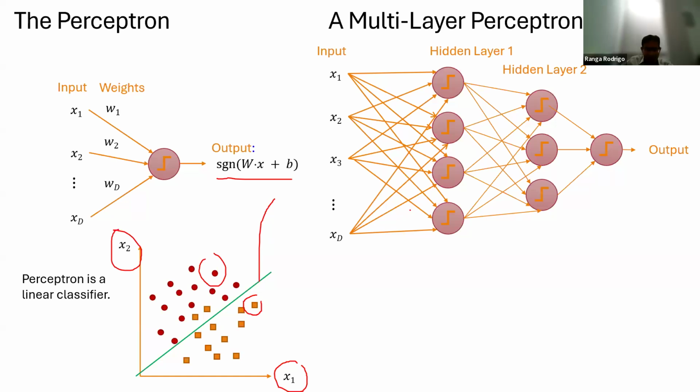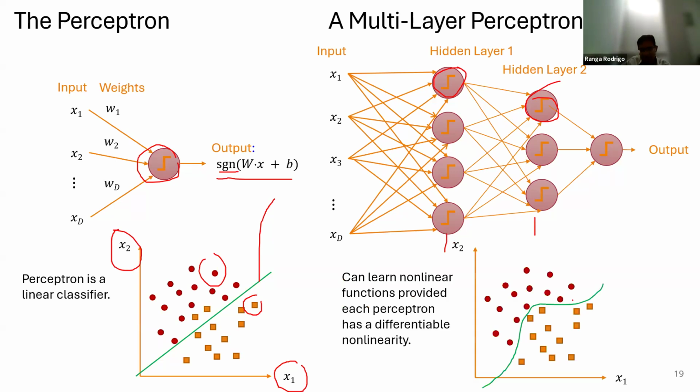But if you have this so-called nonlinearity, this sign function, it's not linear, as you can see, it's not a line. If you have these nonlinearities and more than one layer, then you can simulate a nonlinear function. You can see this is not a line anymore, right? So it can nicely separate red circles from orange squares and learn nonlinear functions, provided each perceptron has a differentiable nonlinearity.